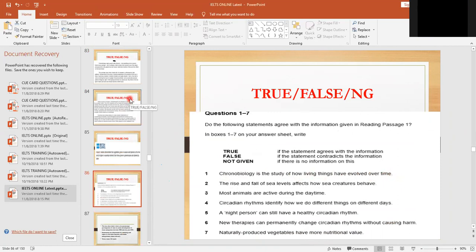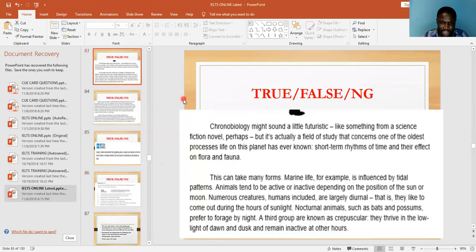One thing about true false not given is that most of the time the questions are in the sequence of the paragraphs. That's another trick that will help you a bit. I'm not saying all of the time, but if you see question 1 in paragraph 1, question 2 will be in paragraph 2 or still be in paragraph 1.